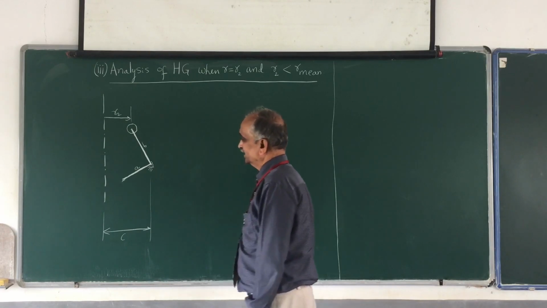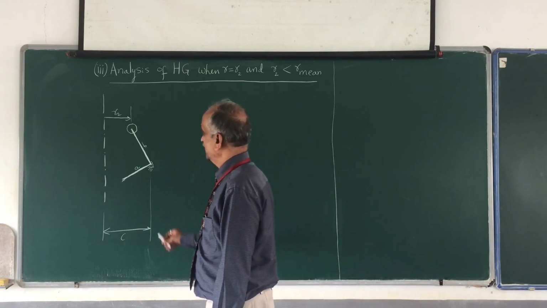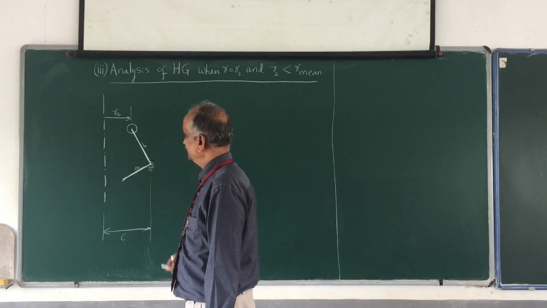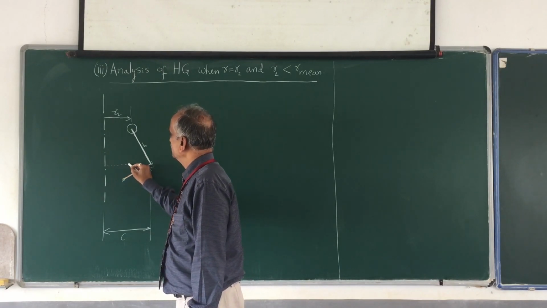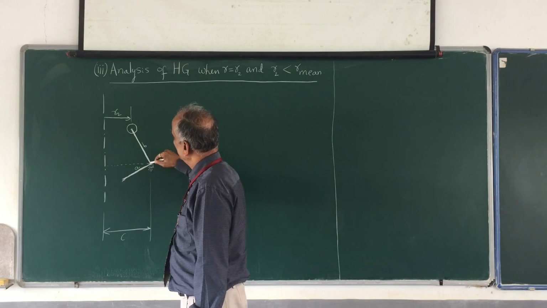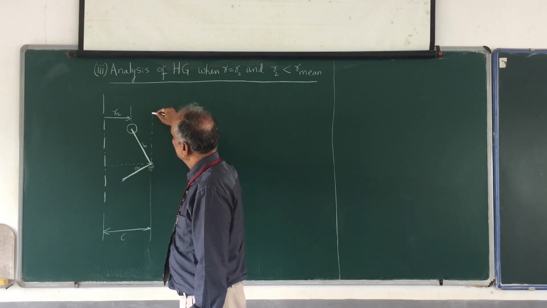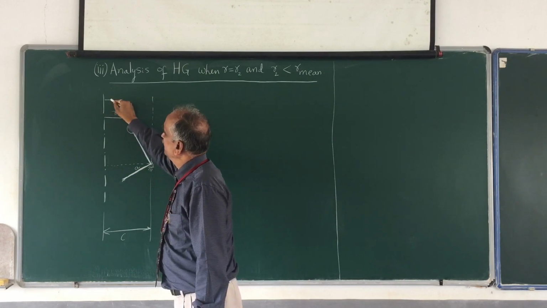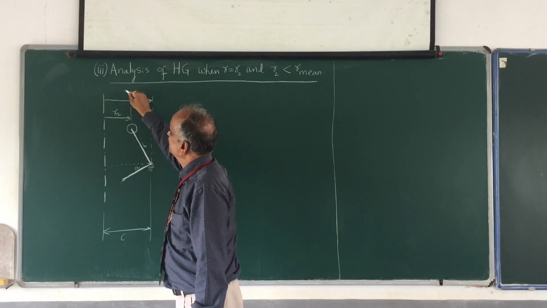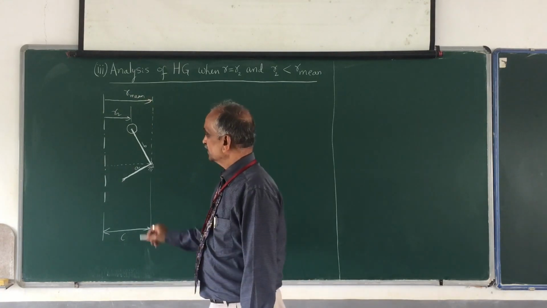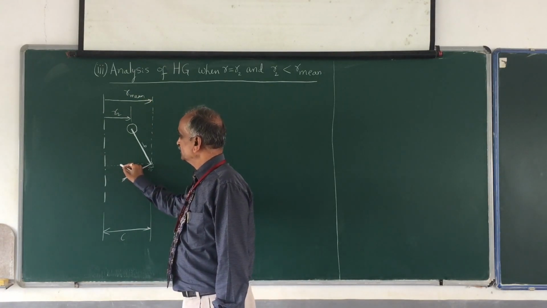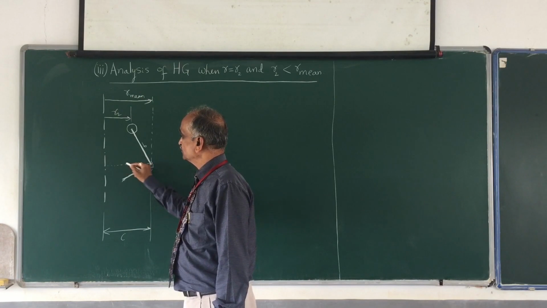Before I represent the forces, I just compare. I draw this horizontal line and also a vertical line. This is what I mean by the mean position, which I call R mean. At the mean position, the sleeve arm is like this.